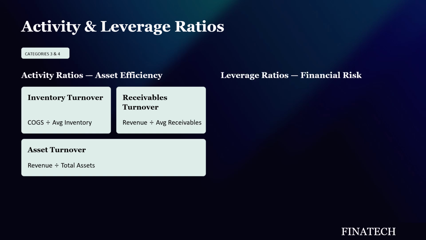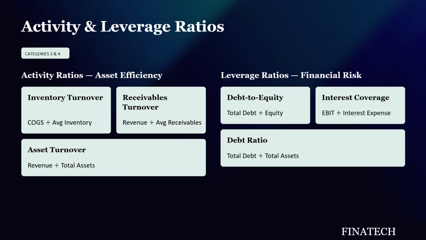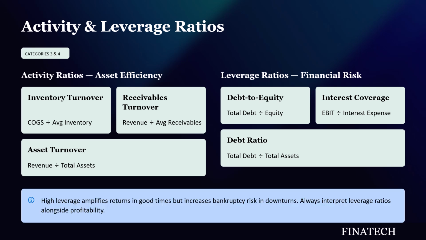The leverage ratios measure financial risk from debt to equity, interest coverage, and debt ratios. High leverage amplifies returns in good times but increases bankruptcy risk in a downturn. Always interpret leverage ratios alongside profitability.